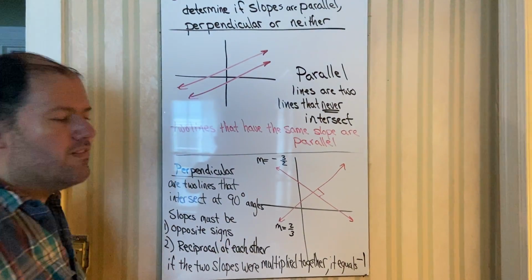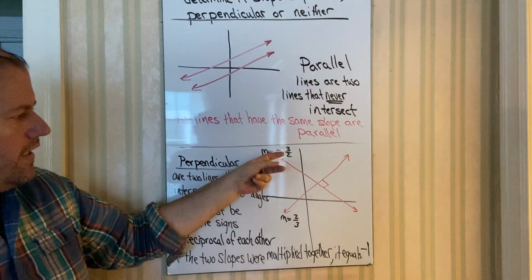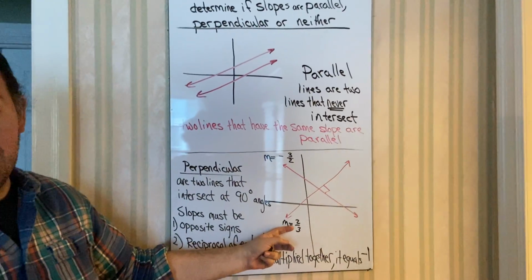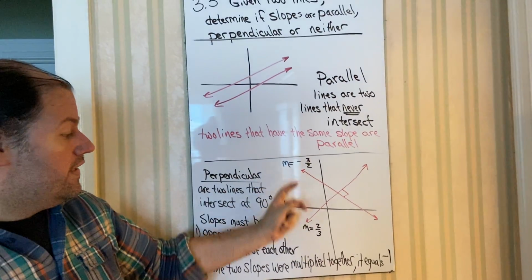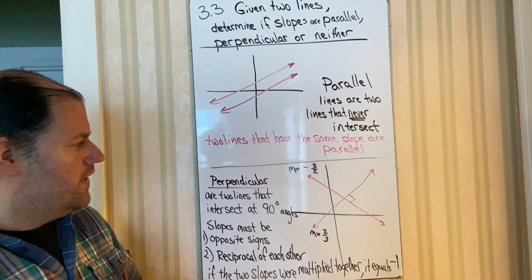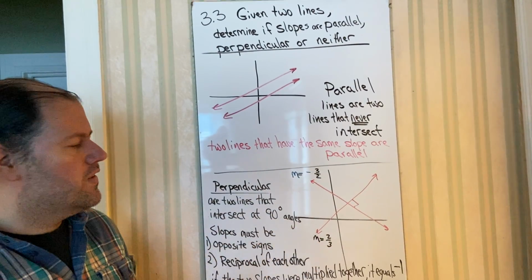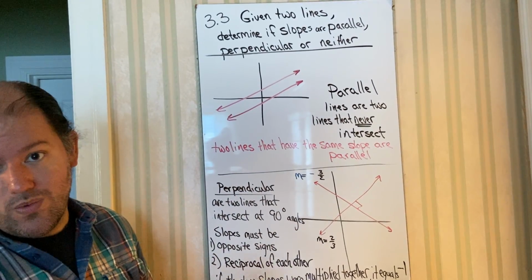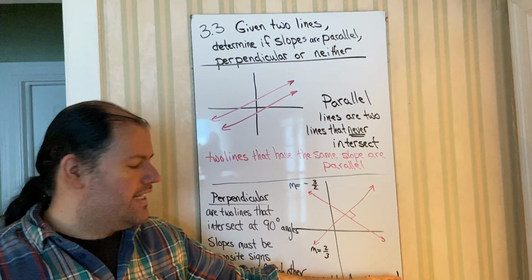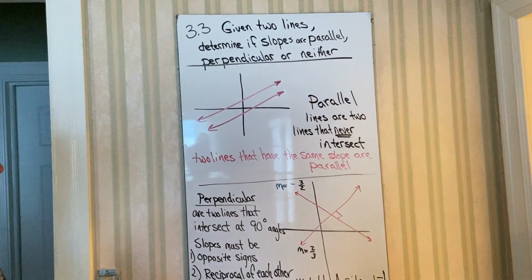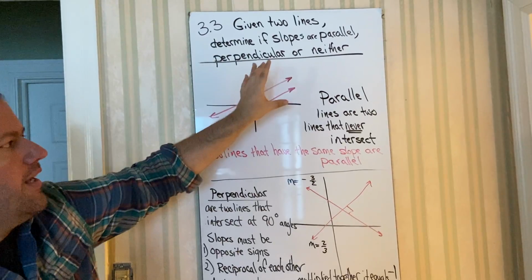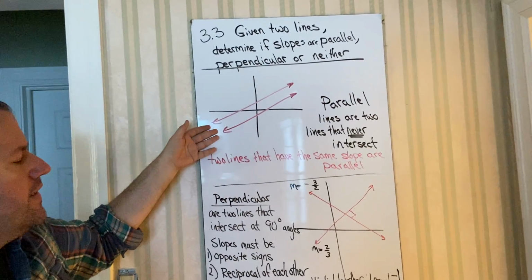It will always equal negative 1. So if I took negative 3/2 times positive 2/3, you know a negative times a positive is negative. And then 3/2 times 2/3 would be 6/6, or 1. So you would get negative 1. Okay? So again, parallel lines are two lines that never intersect.